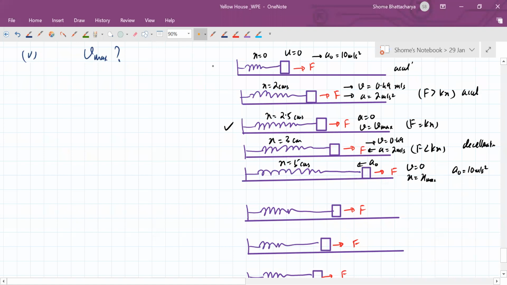Okay. So this position, okay, and this position, they are like the two extreme positions. So at extreme positions, v is 0 and magnitude of acceleration is maximum.